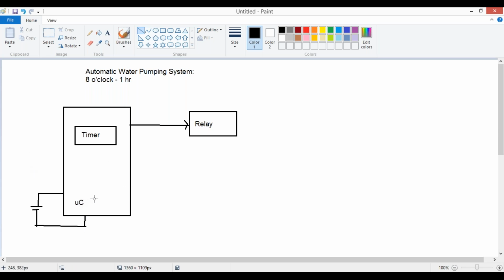Now, just to retain the time, what am I doing? I'm powering the complete controller, the main system itself. It has many drawbacks.